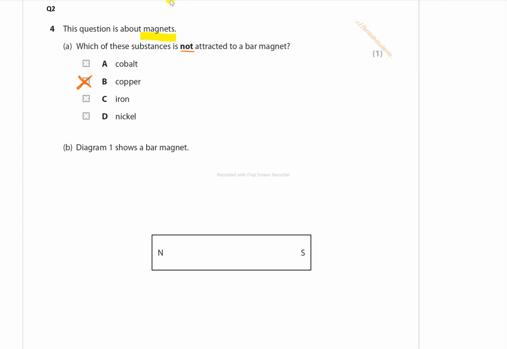So you have materials which are magnetic, for example steel, iron, nickel, cobalt.